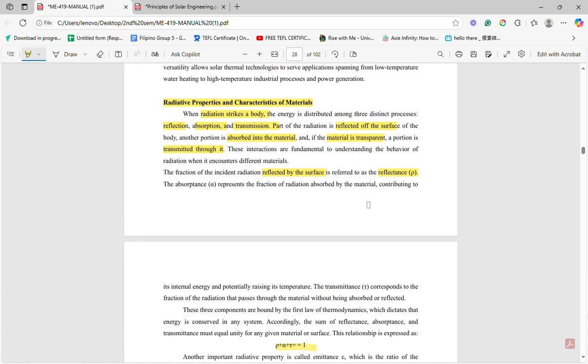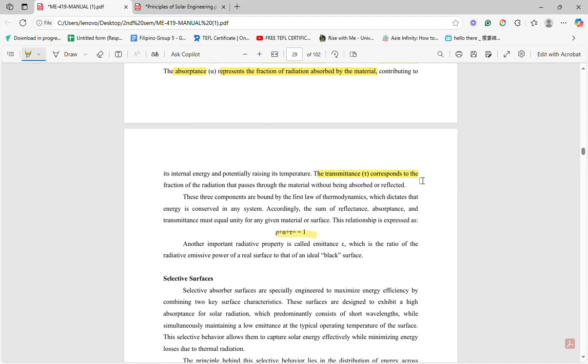The fraction of the incident radiation reflected by the surface is called reflectance. It is reflected by our solar thermal collectors; the energy is being reflected off the surface. Whereas absorptance represents the fraction of radiation absorbed by the material, contributing to its internal energy and raising its temperature. And transmittance corresponds to the fraction of the radiation that passes through the material without being absorbed or reflected.